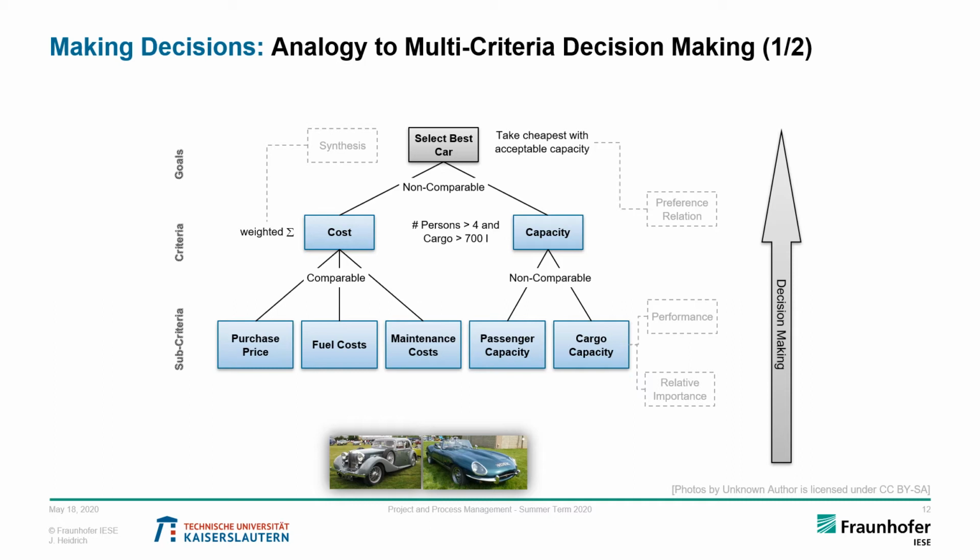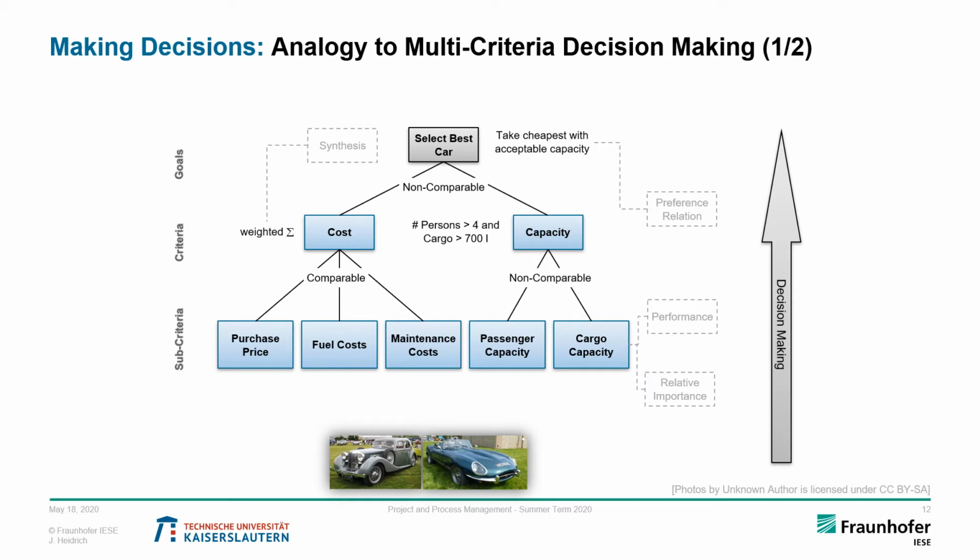In that list, we have some items which are easy to aggregate, which are comparable. The purchase price, fuel cost, and maintenance cost are all measured using the same unit, namely, I don't know, a currency like euros or dollars. And then you can easily add them up. Maybe you have different weights.